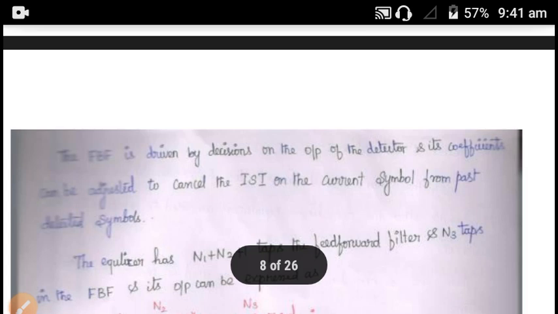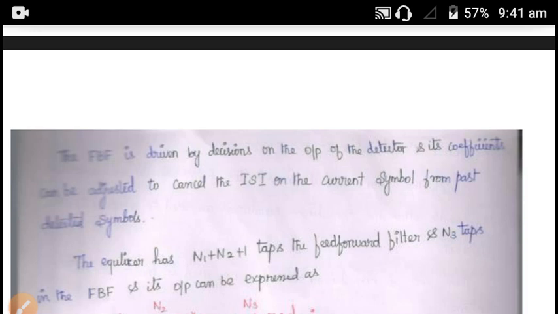Here the feedback filter is driven by the decision of the output of the detector, and its coefficients can be adjusted to cancel the inter-symbol interference on the current symbol from the past detected symbols.